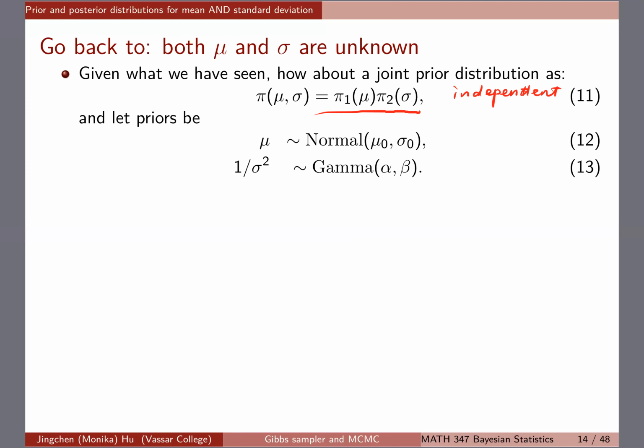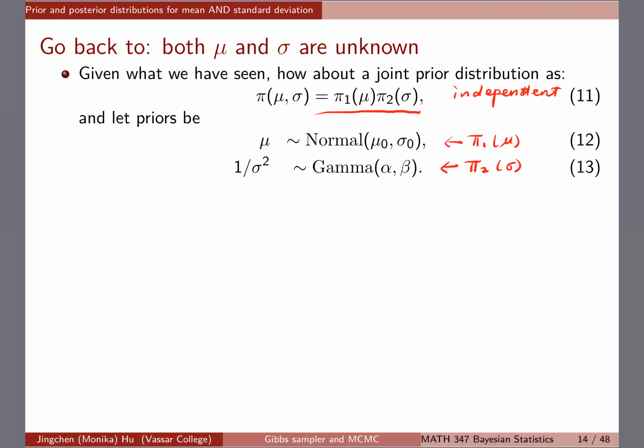So pretty much, this is the first prior, pi 1, if we follow the notation of equation 1. So this is the prior, normal mu 0, sigma 0, that we give for mu. And then this is pi 2, the gamma prior, gamma alpha beta, that we give to 1 over sigma squared.